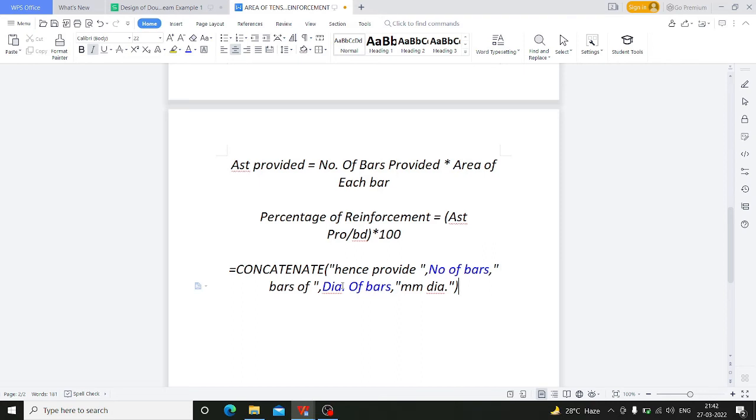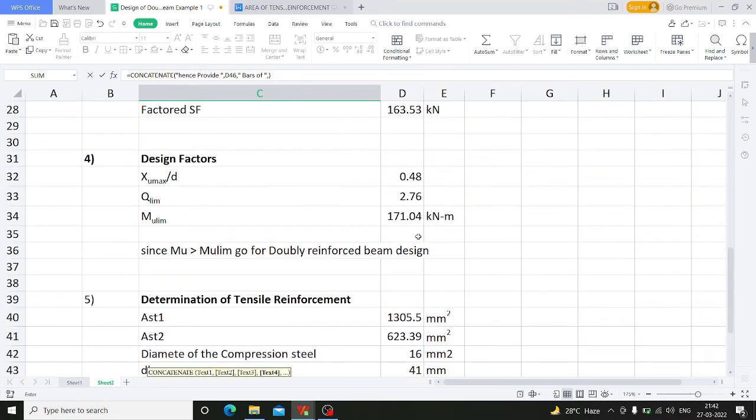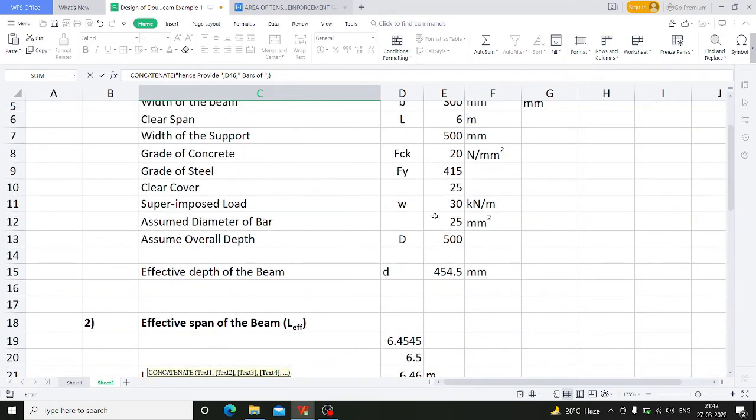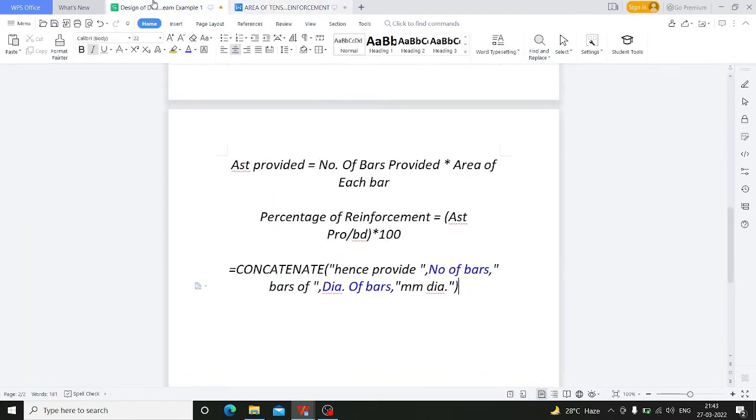This is a statement double inverted comma, we have statement bars of, double inverted comma, next variable is the diameter of the bar, that is 25 square.